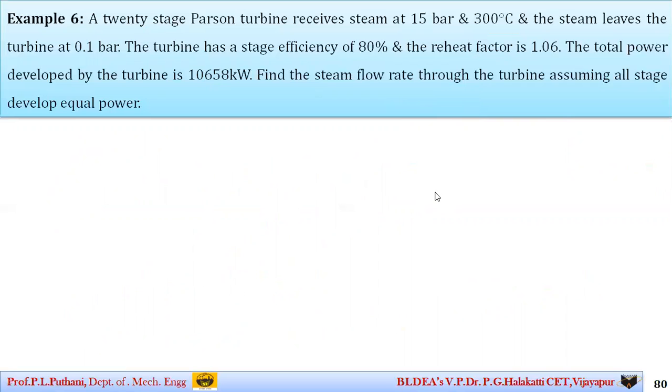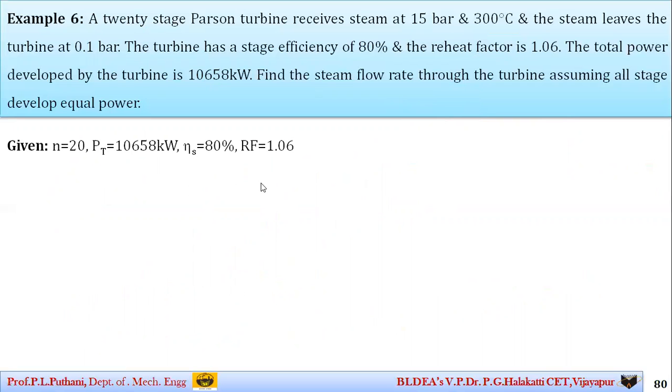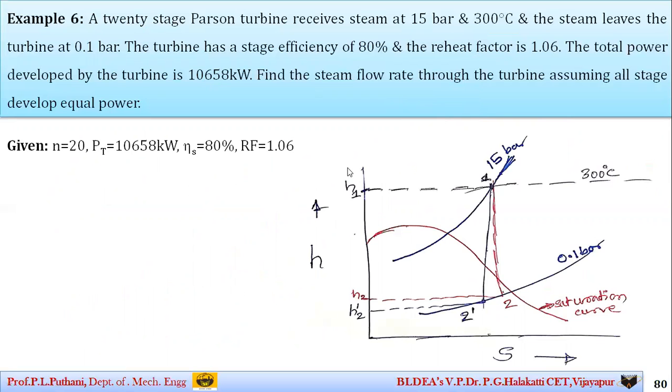Initially, I have noted down this given data. If this is your Mollier chart, the vertical axis is H, enthalpy, and the horizontal axis is S, entropy. In your chart there will be this type of curved line, which we call the saturation curve.